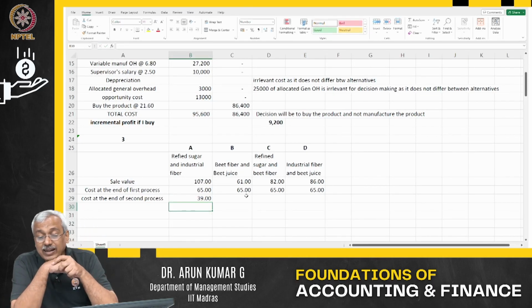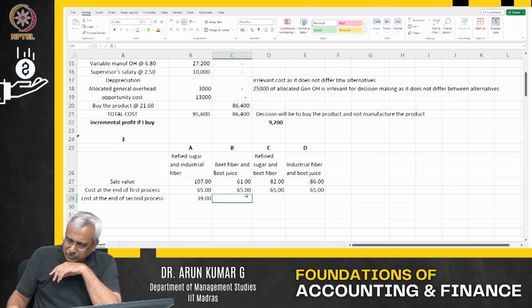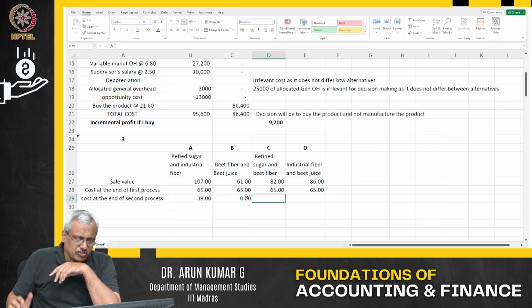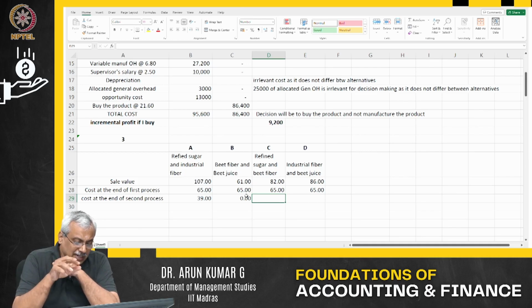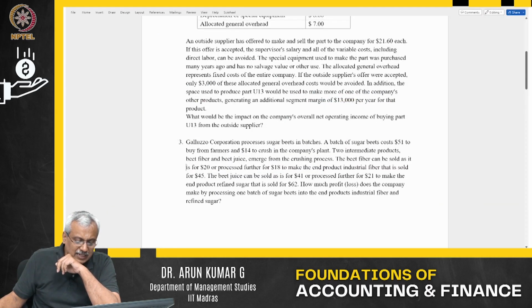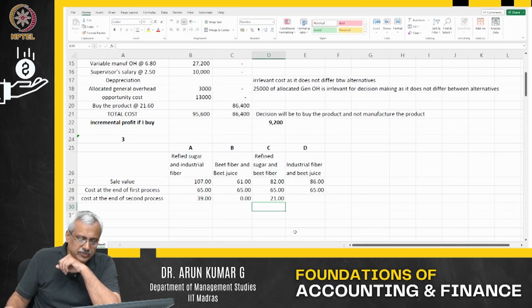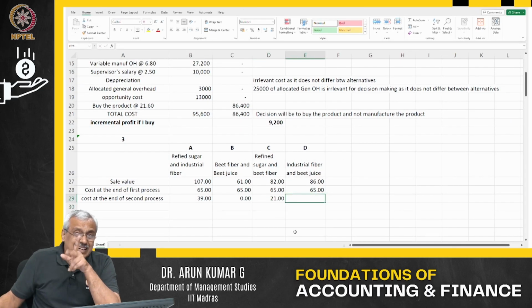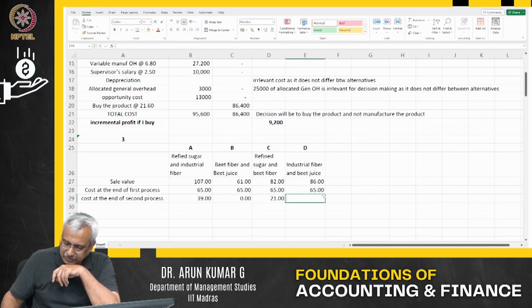That is what I am going to spend if I have to process it further. For beet juice and beet fiber there is no second process, so it is 0. In refined sugar and beet fiber, the cost of processing refined sugar is $21. For industrial fiber, the second kind of processing is $18, which is what I am going to incur.